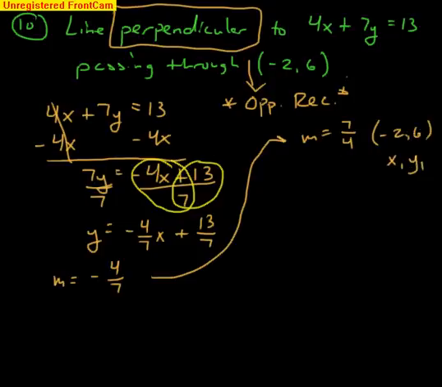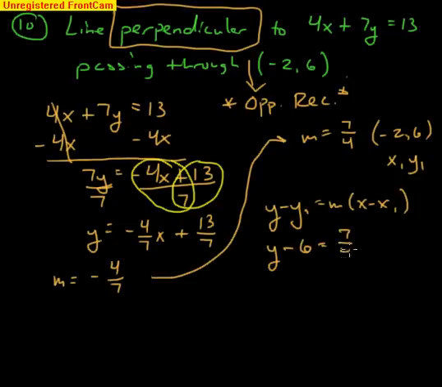So now we use point-slope form. y minus y1 equals m times x minus x1. y minus y1, which is 6, equals m, 7/4, x minus a negative 2.